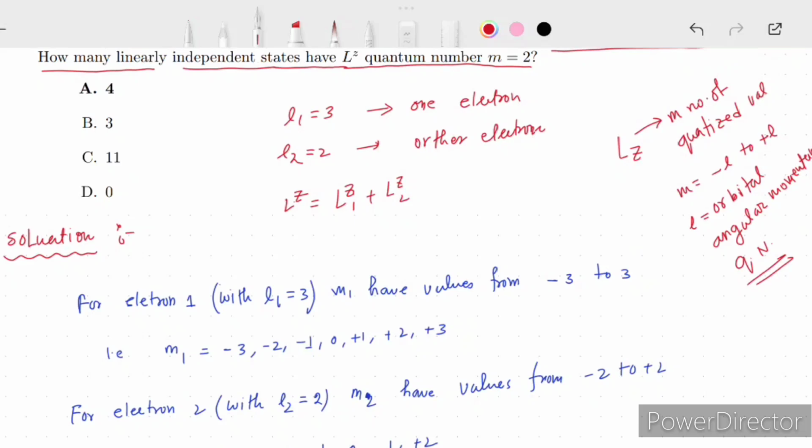So for electron 1, with L1 equals 3, M1 has values from -3 to +3, because minus L to plus L: -3, -2, -1, 0, +1, +2, +3. This is the quantized value for Lz1.